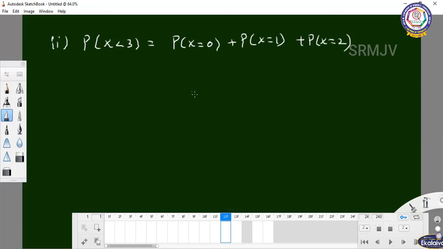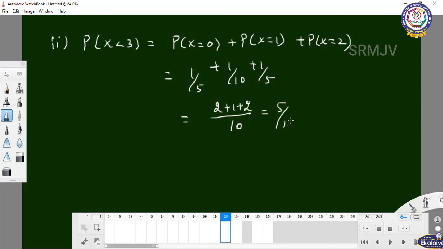So the LCM is 10: 2 plus 1 plus 2 gives 5 by 10. So the value is 1 by 2.